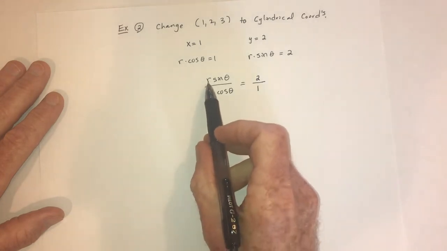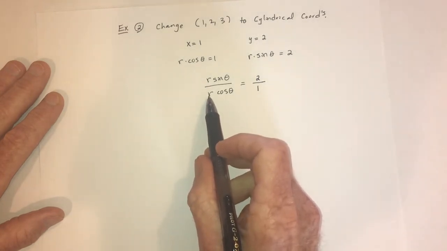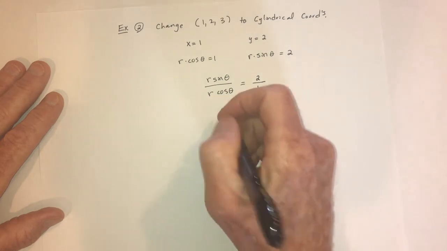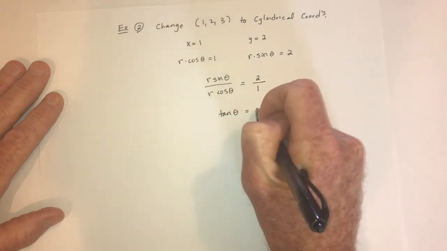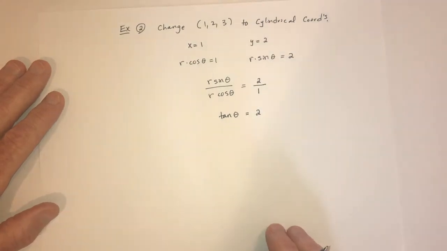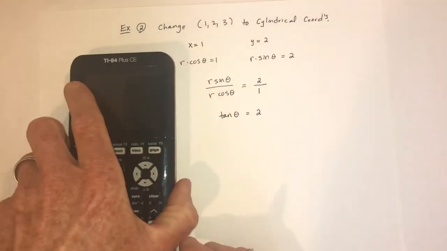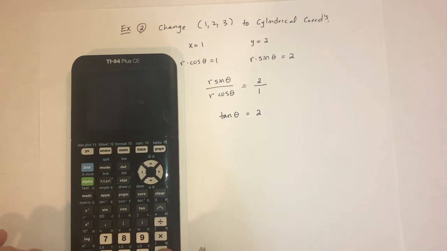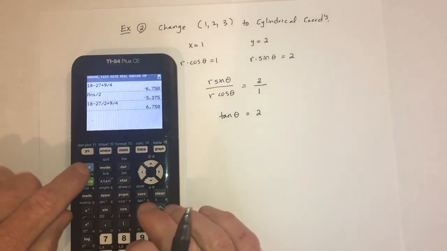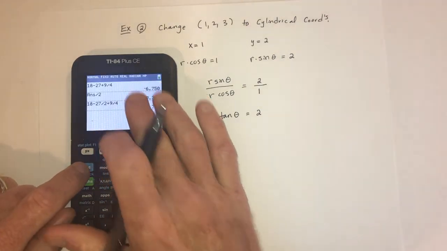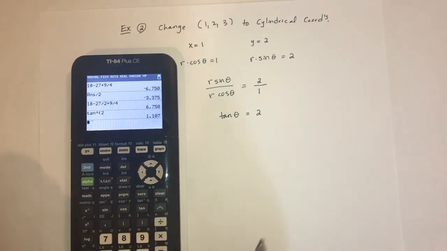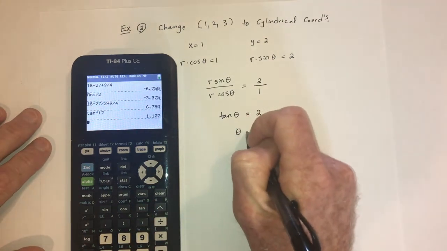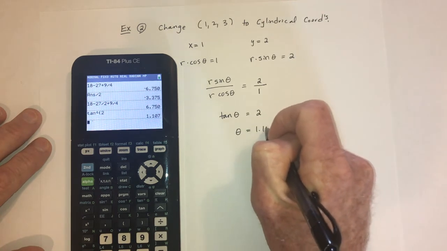And then that's good news because these r's will cancel, and then it leaves sine divided by cosine, which is tangent. So then it's just saying, when does tangent equal a 2? And for that, I could use this monstrous computer right here, and I'm working in radians. Find tangent inverse of 2. So the theta is equal to 1.107.